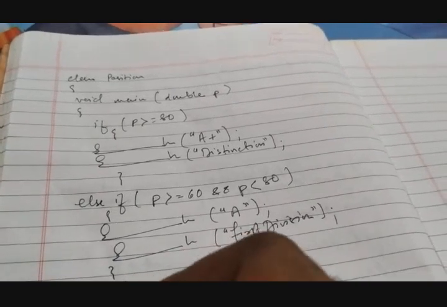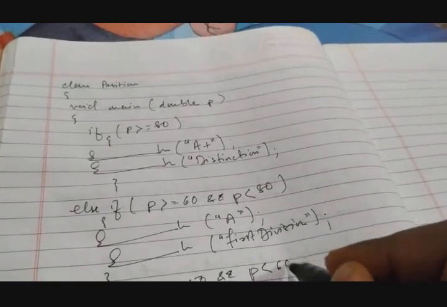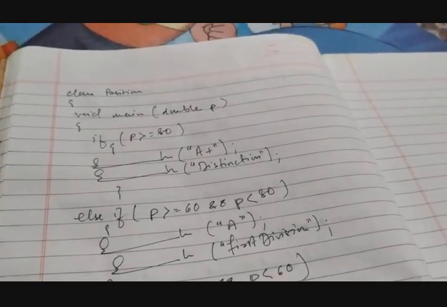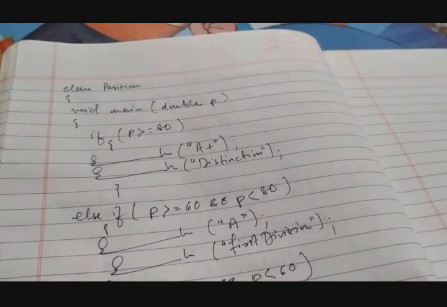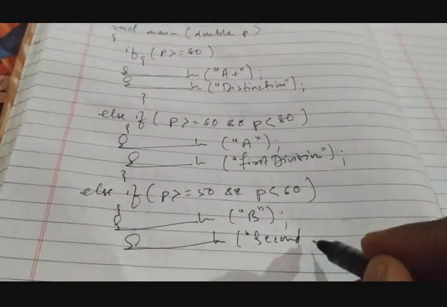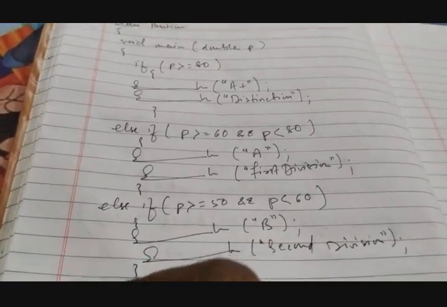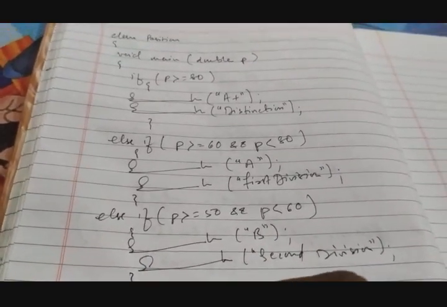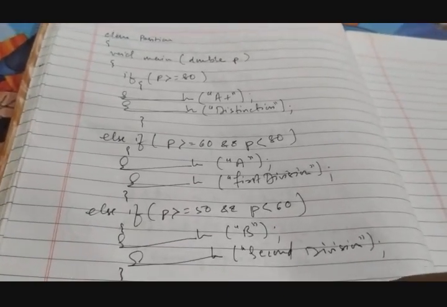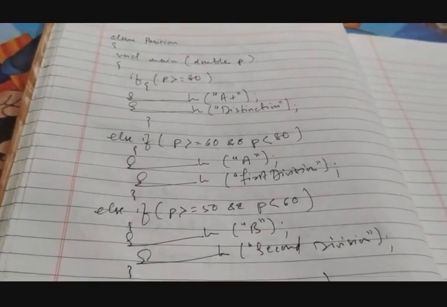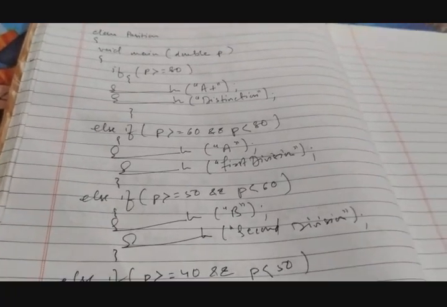Else if percentage is greater than equals to 50 and percentage is less than 60, then grade is B, it's second division. Else if percentage is greater than equals to 40 and percentage is less than 50, then it is grade C, third division.